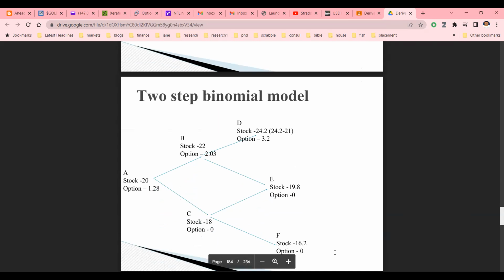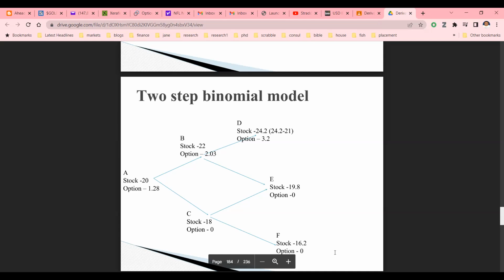And at the outermost nodes, point F, point E, and point D, we will assume that expiry date has arrived, which means what? There is no time premium on the option. There is only intrinsic value.